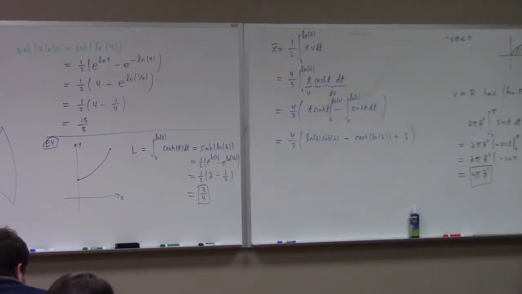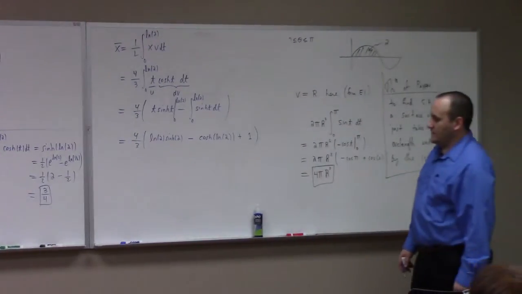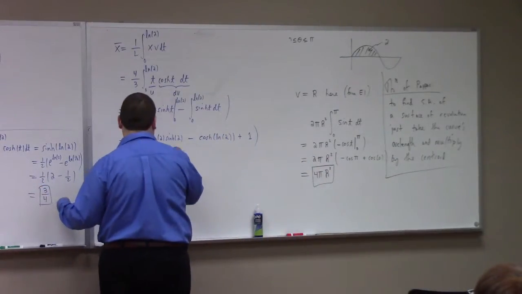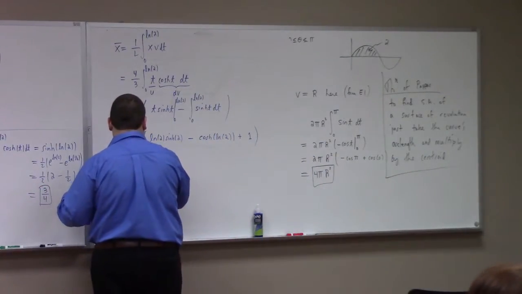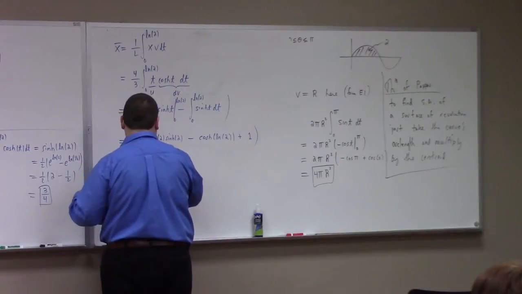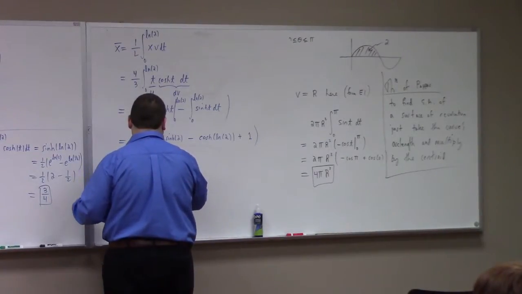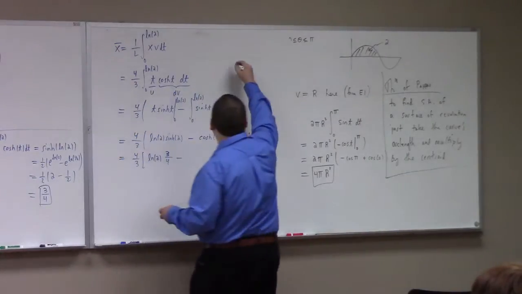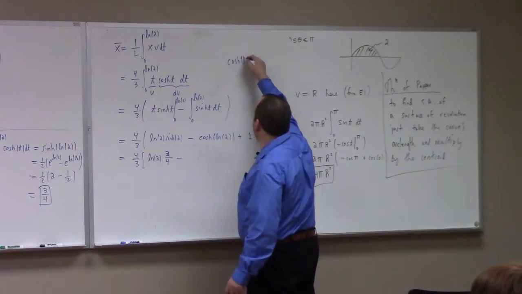That can be simplified. Let's see here. We figured out sinh of log 2 is what? 3/4, right? So this is 4/3 times the log of 2 times 3/4 minus, what's the cosh of log 2? Figure it out up here.